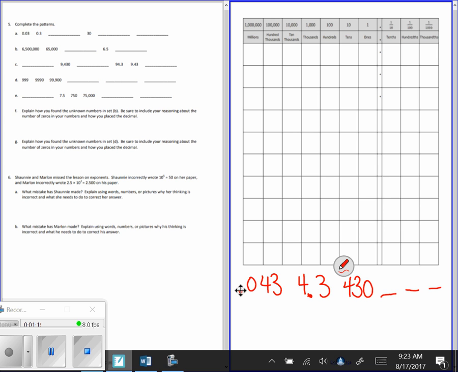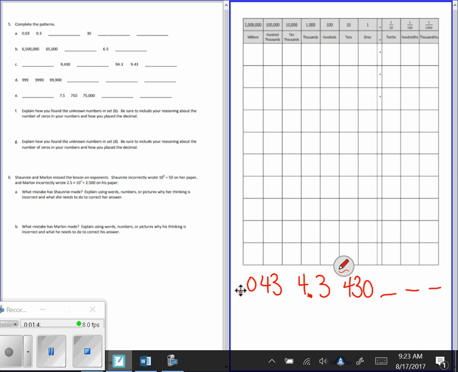Well, sometimes when you're dealing with decimals, it's really hard to figure out. I try to figure out the pattern. Now, if I go 2, 20, 200, 2,000, it's really easier.